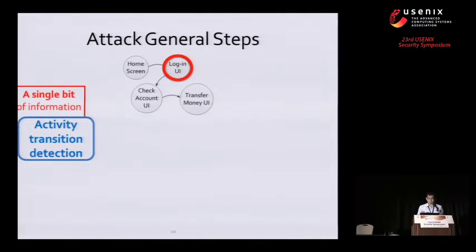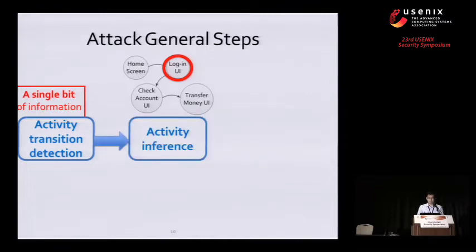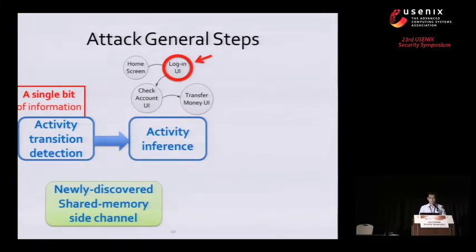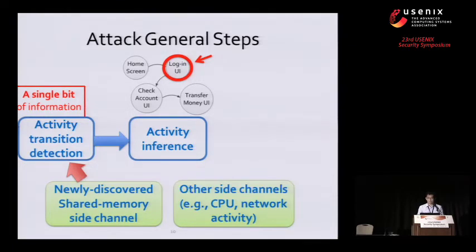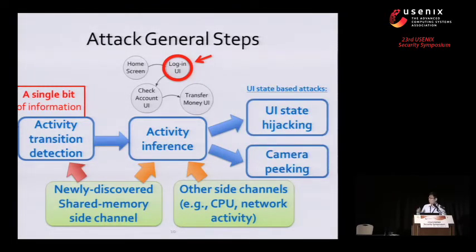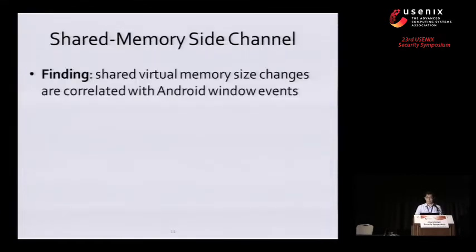This is just a single bit of information about whether the transition happens or not. After this, we infer the activity when the new activity just shows up. So at this step, we know which activity it is. The newly discovered shared memory side channel is the major enabler for the first step, and with some other side channels, we can infer the activity in the second step. After this, we can launch the follow-up attacks, which we just demonstrated before.